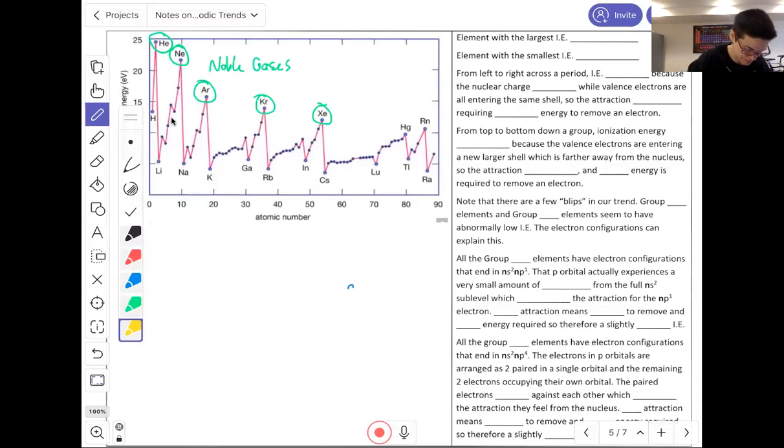But on the flip side, the elements with the absolute lowest ionization energies are what group? One. All right, that's group 1. So these are our group 1 alkali metals. And what do we know about our group 1 alkali metals in terms of ions?